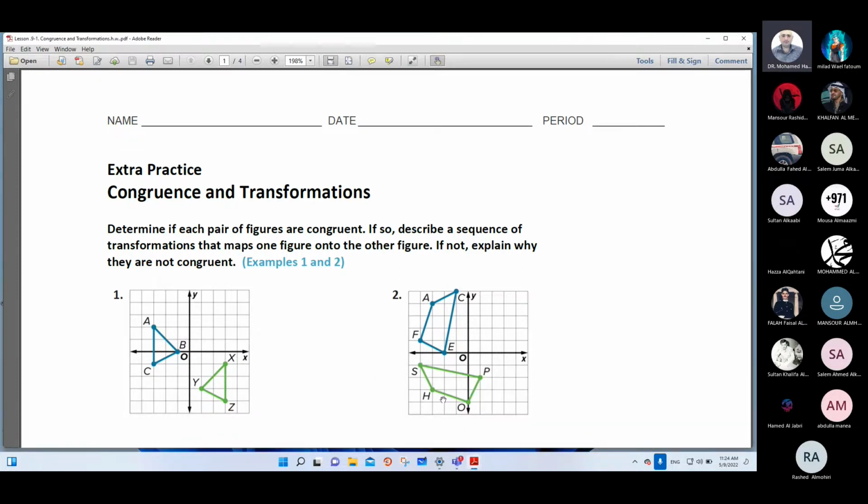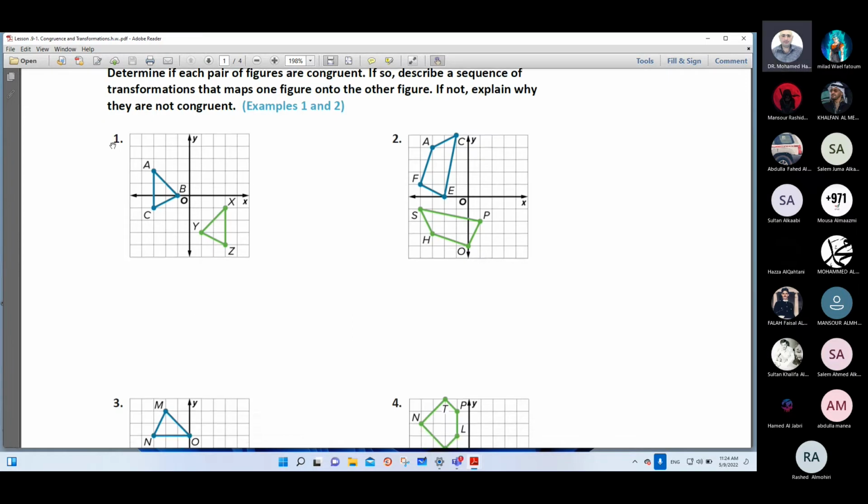Thank you, Sultan. Okay. Listen to exercise number 1. Then determine and describe the transformations here. Then tell me what is your answer.